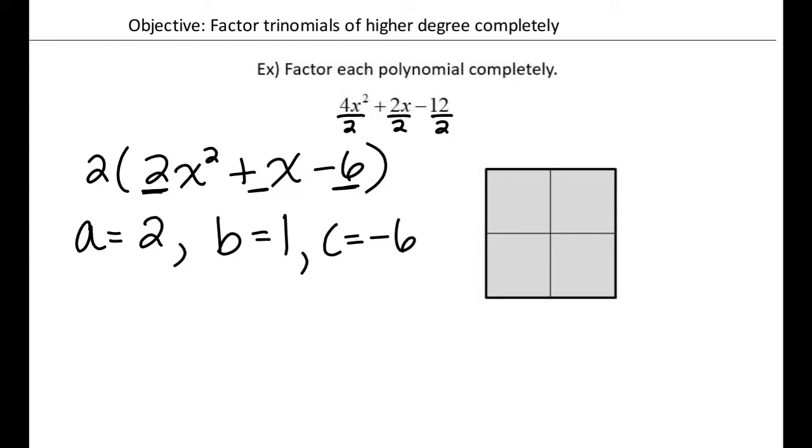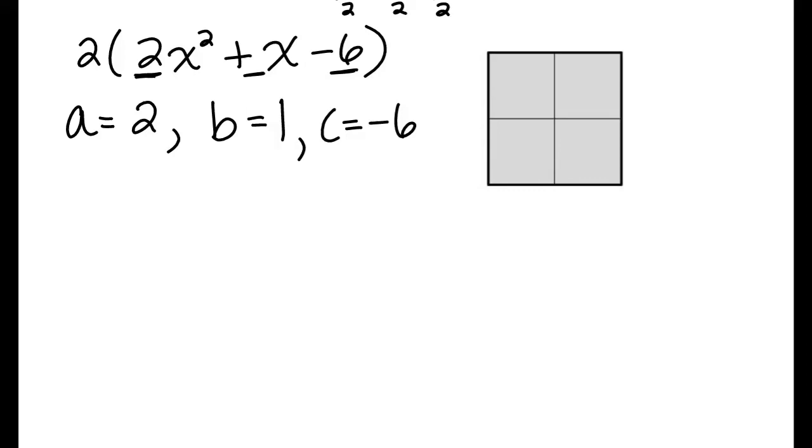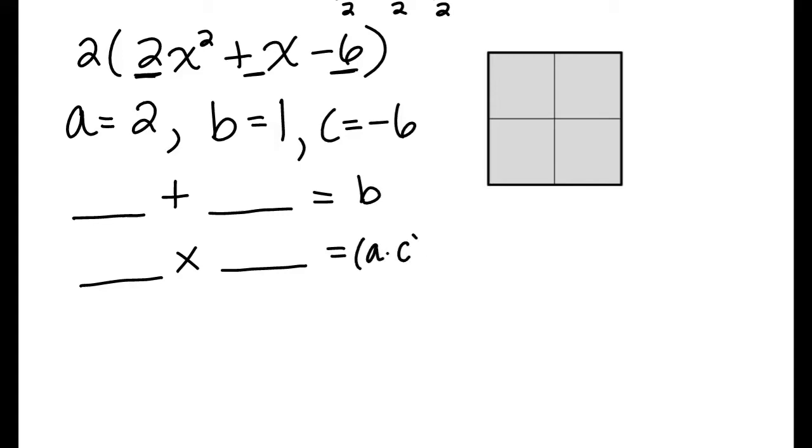Then once you have your 3 values, A, B, and C, you want to figure out what 2 numbers would add up to your B value and what 2 numbers will multiply to A times C. So for the first one, it has to be B, and for the second one, it has to be A times C. So what is my B value? 1.